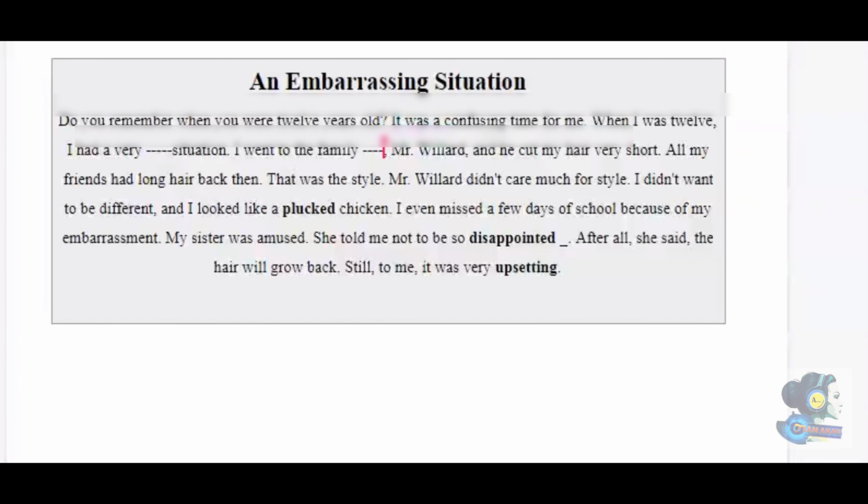All right, so let's go back to the first sentence. Can you please read starting from do until situation? Very good. And then I up to style.